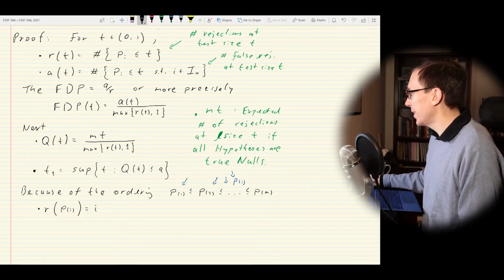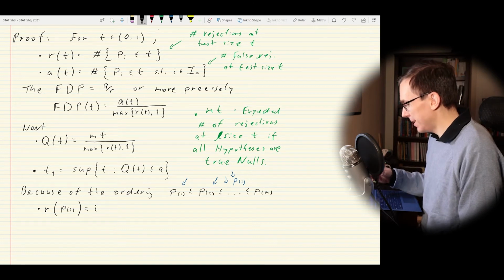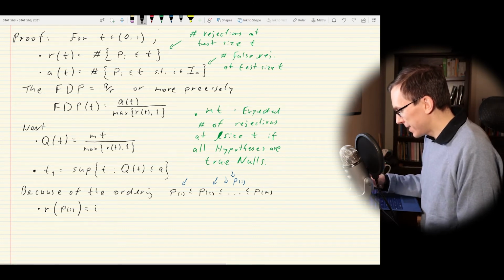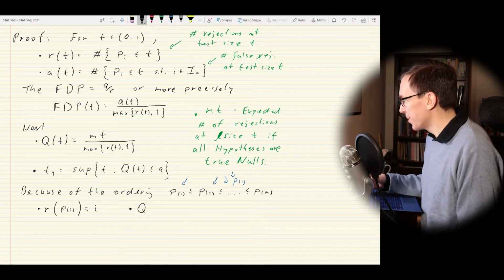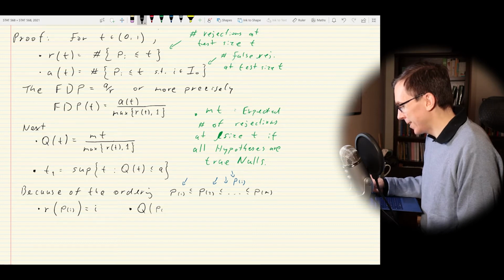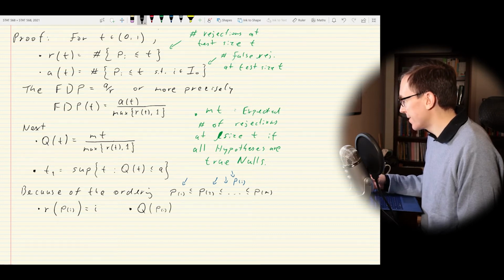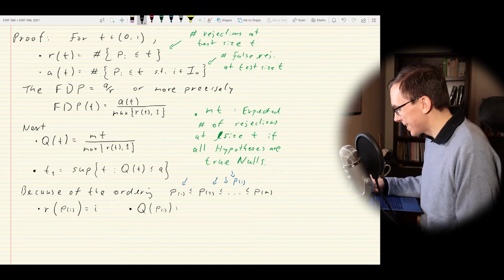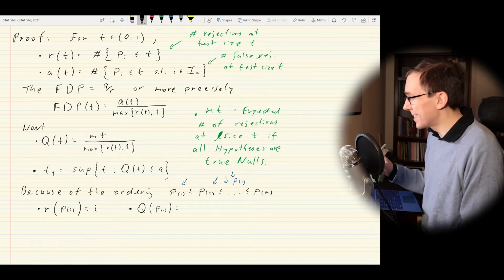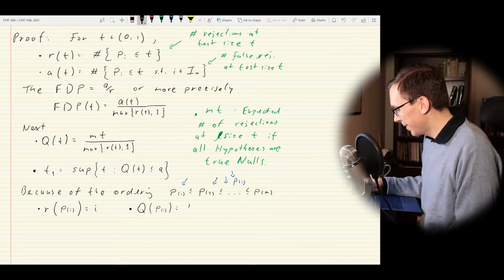Now for Q, we can actually do the same thing. I always feel like proofs don't make sense until the very end. It starts off and it's just like, why in the world is he writing all this stuff down? And then at the end, all the terms rearrange and everything works out nicely. But we haven't gotten there yet, so just stick with me.